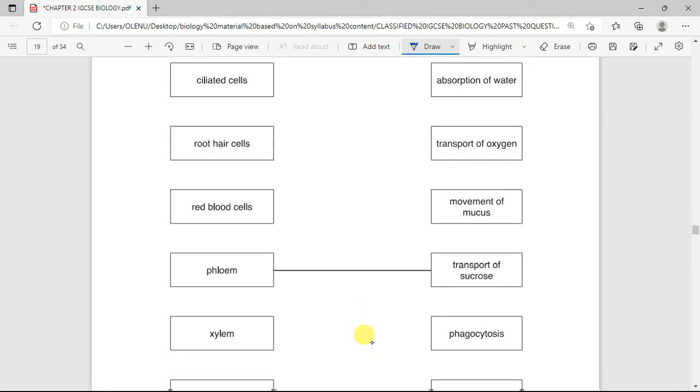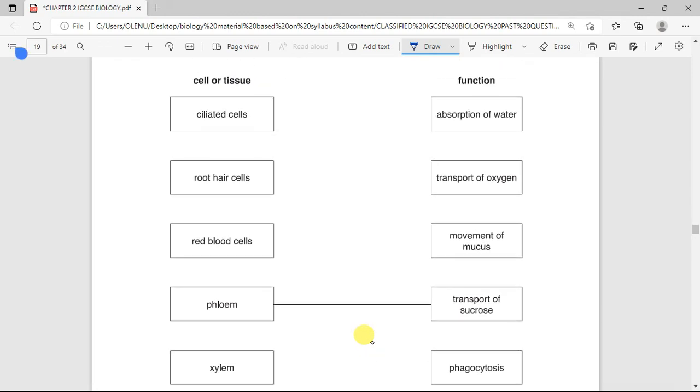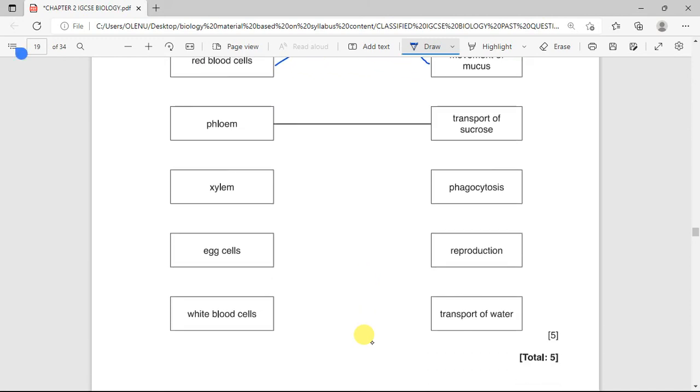So the first one, ciliated cells, help in movement of mucus around the trachea. Root hair cells help in the absorption of water. Red blood cells help to transport oxygen around the body. Xylem vessels help to transport water. Remember, root hair cells do not transport, they absorb water and mineral ions. You should take note. Egg cells are for reproduction, while white blood cells are for defense, so they undergo the process of phagocytosis.